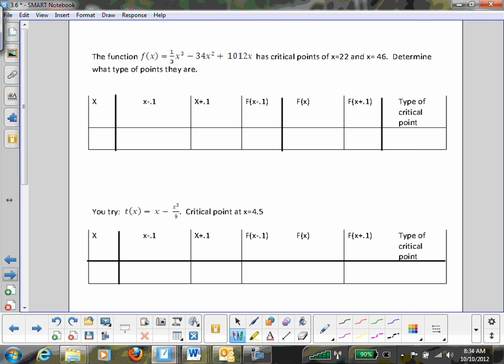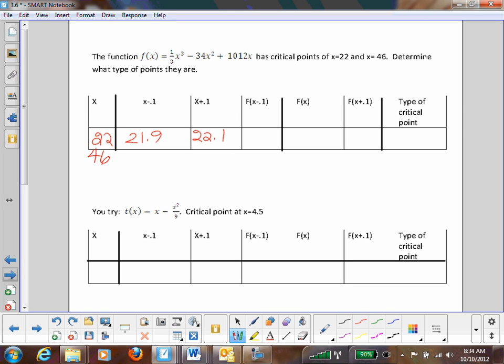Okay, here we go. My critical points are at 22 and 46. I'll always give you your critical points right now. So my critical points are 22 and 46. A little bit before 22 is 21.9. A little bit to the right is 22.1.